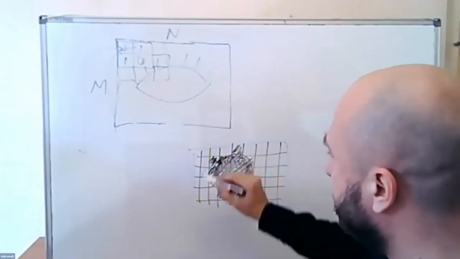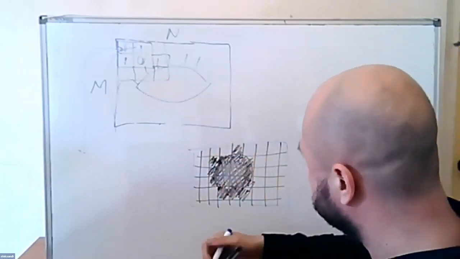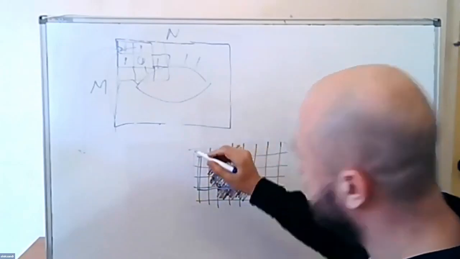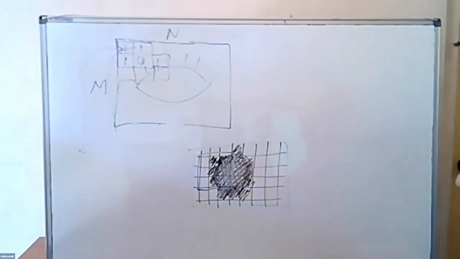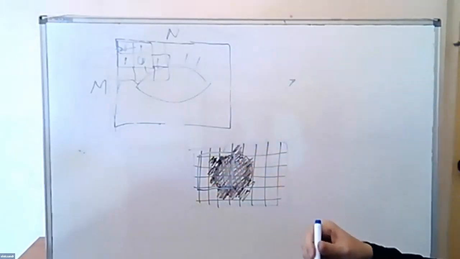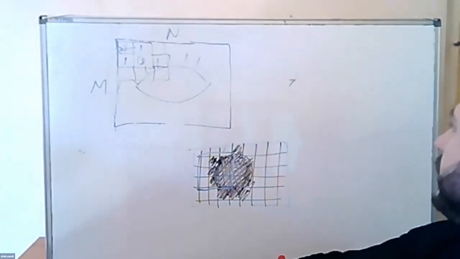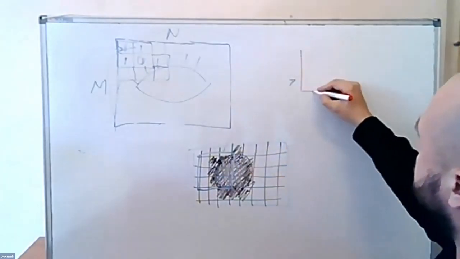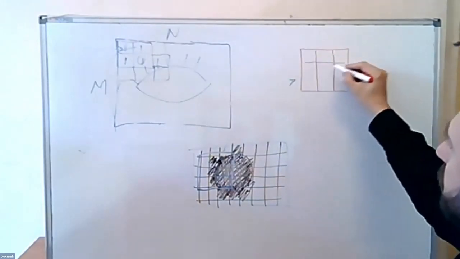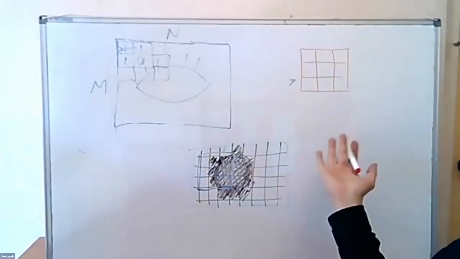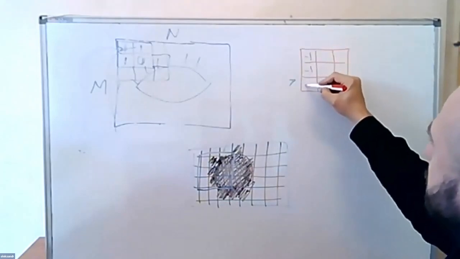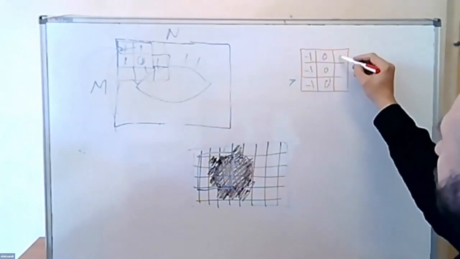So, we apply some convolution. We take this size of window, and the description of this convolution could be like, convolution actually is a formula that can be graphically represented like this. And we put numbers here like this, 0, 0, 0, 1, 1, 1.